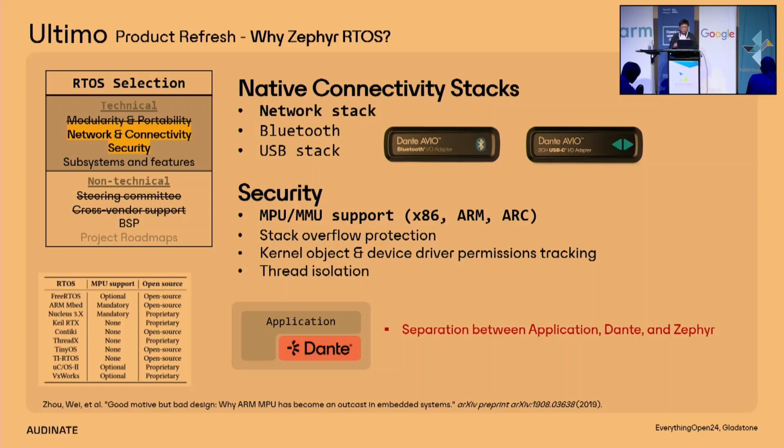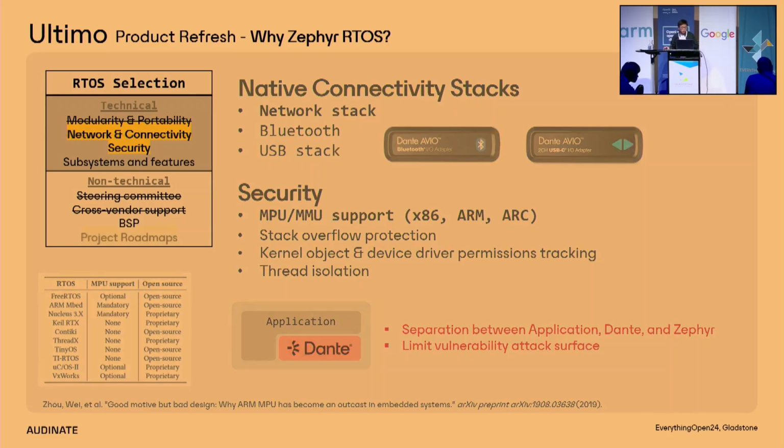So having multiple cross-architecture MPU support, Zephyr provides more functionalities, like native stack overflow protection and thread isolation, and it helps us limit the vulnerability attack surface in Dante. And this is something that we really want to leverage in the future.